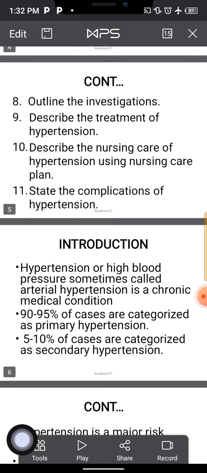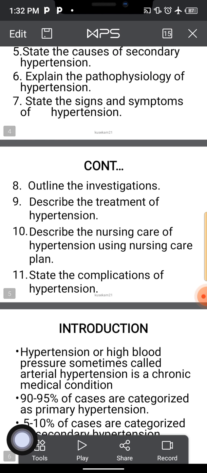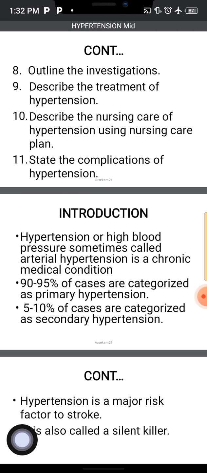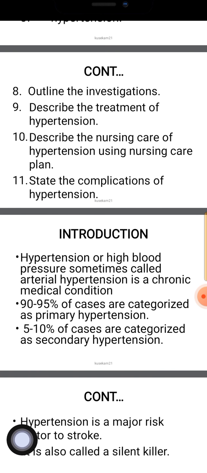Then the signs and symptoms, we have looked at them. The occipital headache, there will be fatigue, body malaise, chest pain and other signs and symptoms. The investigations, under this one I said, as you are investigating, each point you come across, give a rationale so that the marker knows why you are doing that.